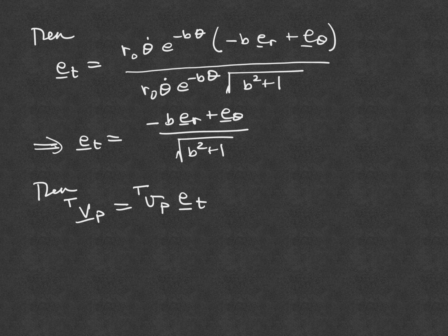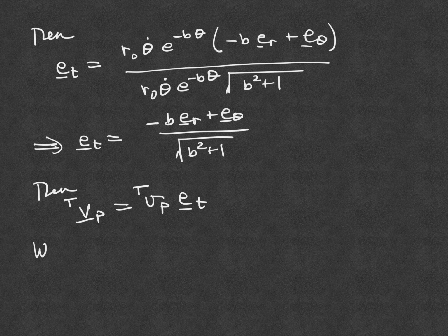Now what we're going to do is compute the acceleration in terms of intrinsic coordinates, because we can see here that we have the velocity in terms of intrinsic coordinates now, because we know the speed. So we can use this expression and differentiate it to get the acceleration.